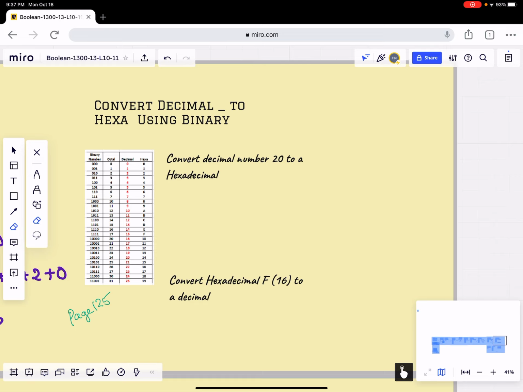So I'm going to write out 20 equals 16 plus 4. So I want to change that to binary. So you got 1 for 16, 0 for 8, 1 for 4, 0 for 2, 0 for 1.